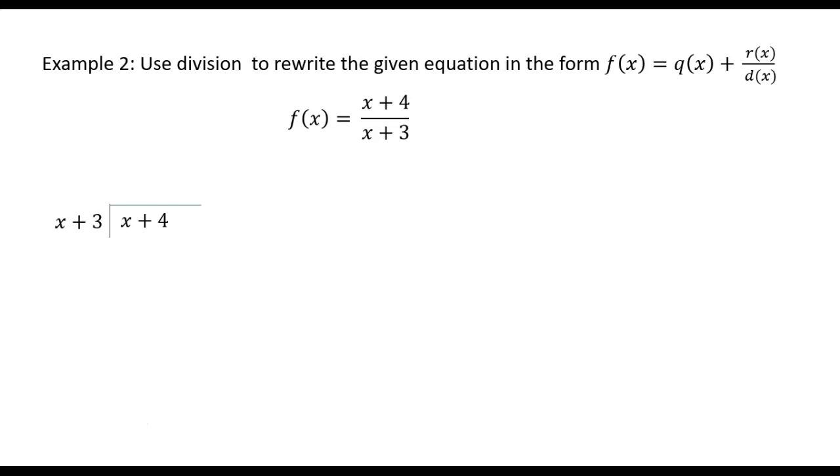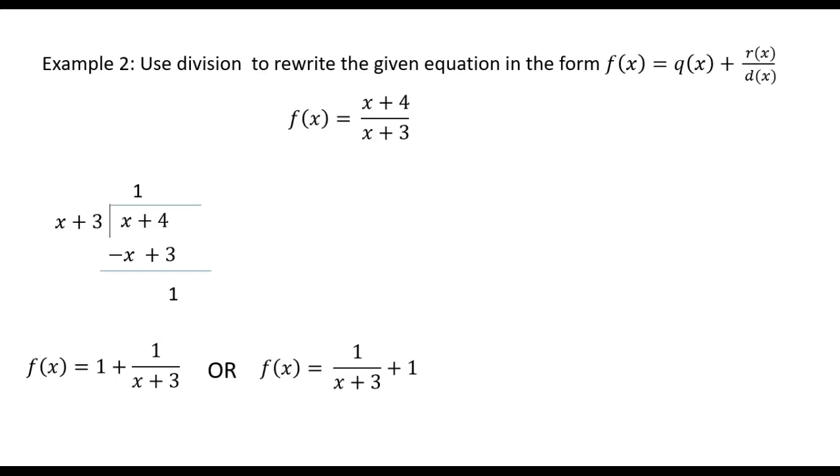Dividing the first terms of the dividend and the divisor, we'll have 1. And then 1 times x and 1 times 3, we'll have x plus 3. Performing the subtraction, we'll have a remainder of 1. Rewriting the result into the general form, we'll have f of x equals 1 plus 1 over (x plus 3), or 1 over (x plus 3) plus 1.